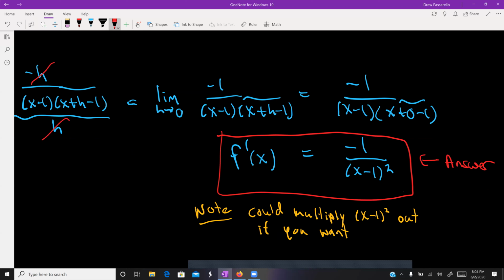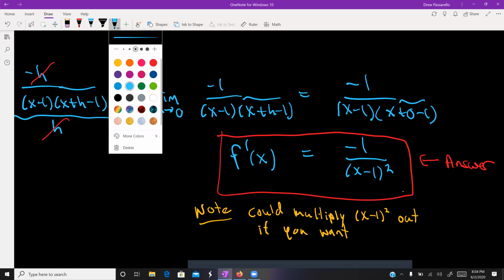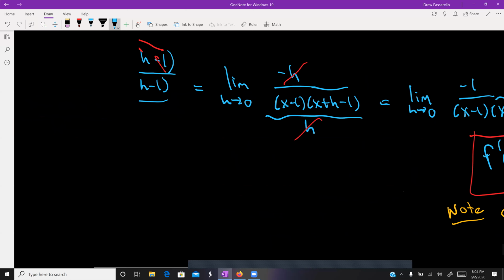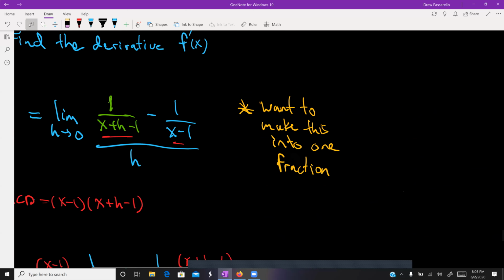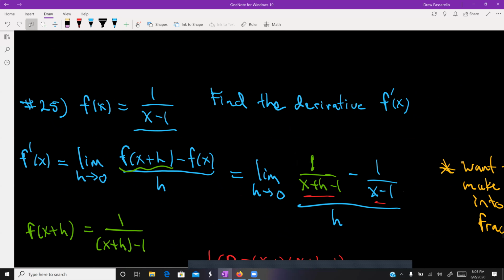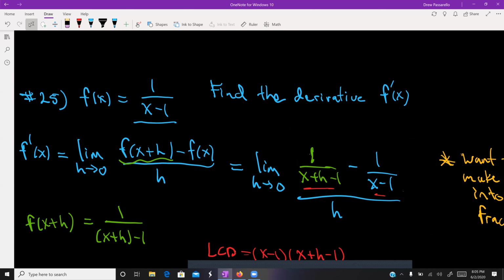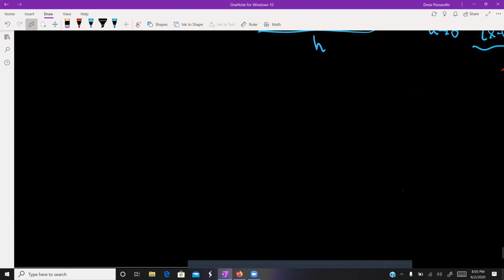All right, so I figured I wanted to do one that was a little bit more complicated, but we're still using the same general idea, which is to use that limit definition for the derivative. So we know the derivative of the function, if you plug in the x coordinate, gives you the slope of the tangent line at that particular point. This next example is going to be finding the equation of the tangent line itself.